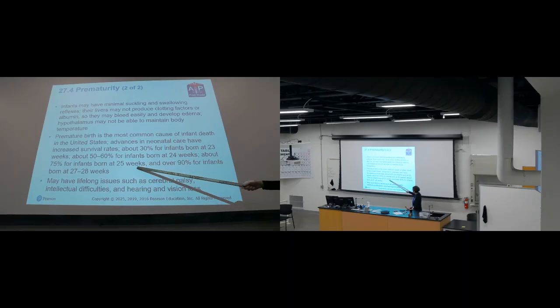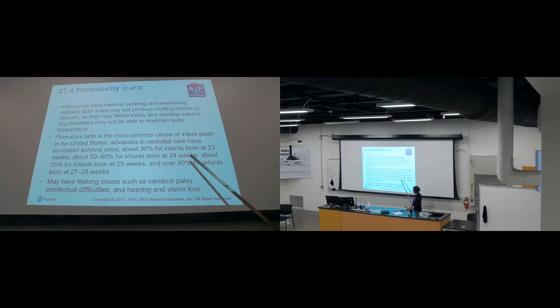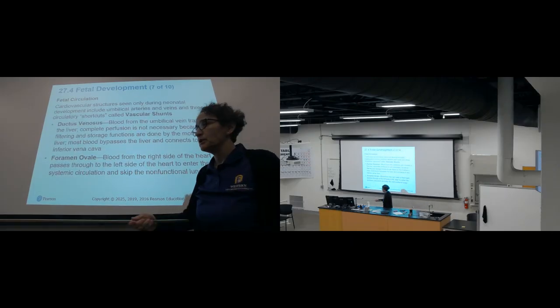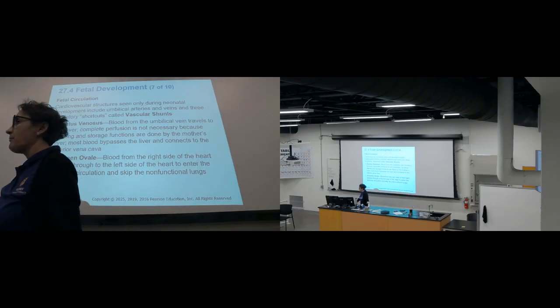A baby born at 25 weeks has 75% survival and 90% between 27 and 28 weeks. That's related to the lack of production of surfactant. Unfortunately, many babies can undergo problems like cerebral palsy that can lead to intellectual deficiencies and problems with vision and hearing.